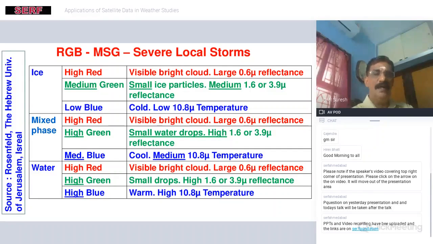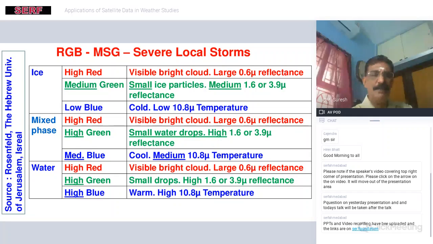And then this is the area where, if you want to distinguish between mixed phase and water phase, especially on the green channel, I am giving an example: the mixed phase of ice and water, and pure water. You can just see the green color alone. High green is talking about small water drops. So the high value of reflectance is coming from somewhere here.